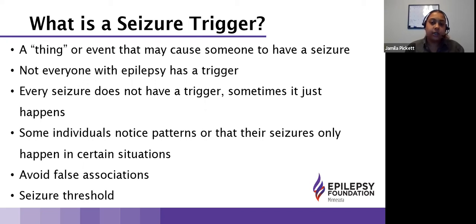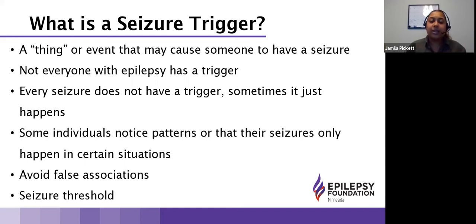Sometimes a seizure trigger is really tangible, and other times a seizure trigger is something that you might see or hear. Basically, a seizure trigger is something that can happen to you or around you, or maybe something that you do that can cause you to have that misfiring in your brain that results in that seizure that you have.